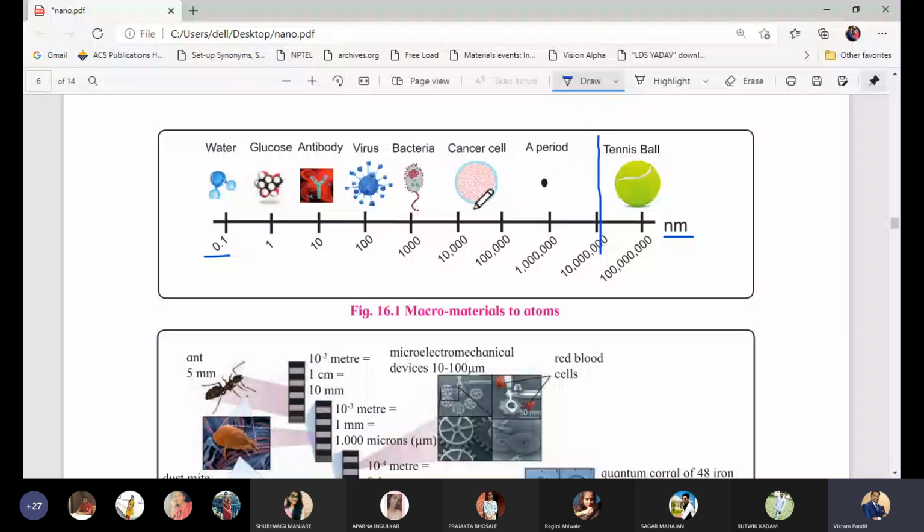Human hair also cannot be seen in the smallest range. Red blood cells, with dimensions of 2 to 5 micrometer, we cannot see with our naked eyes. In our human body, DNA and RNA are 2 to 12 nanometer in diameter, which is impossible to see with our naked eyes.